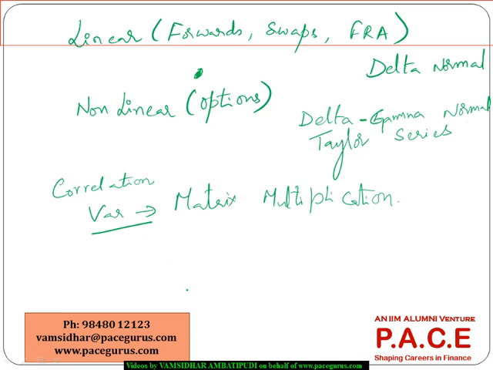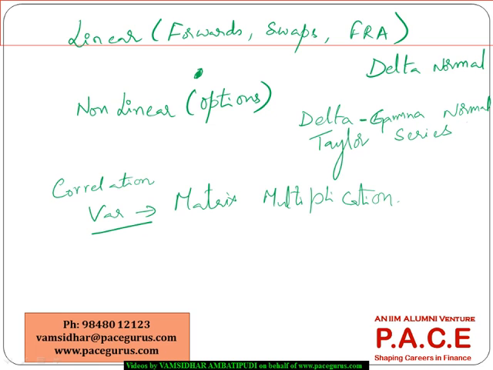And as long as the deltas can be computed with reasonable accuracy, which we can do for linear derivatives, we should be able to find the VAR for the overall portfolio quite comfortably.